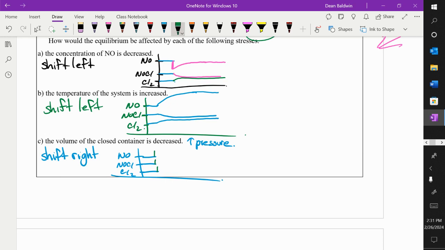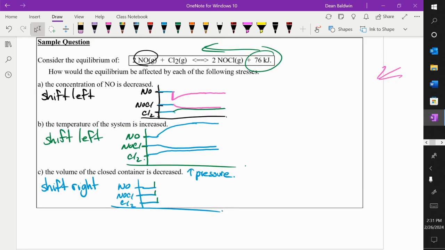And then because we're going to the right, NO is going to decrease, NOCl will increase, and Cl2 will decrease. And yes, they should be representative of the moles, but it's hard to draw freehand, and I'm not a good artist.